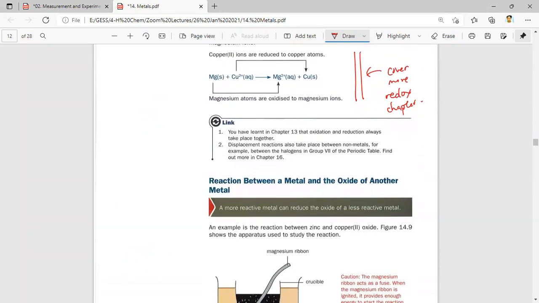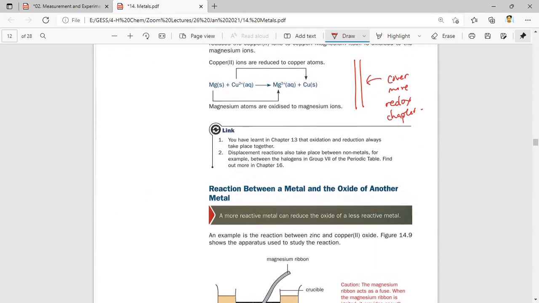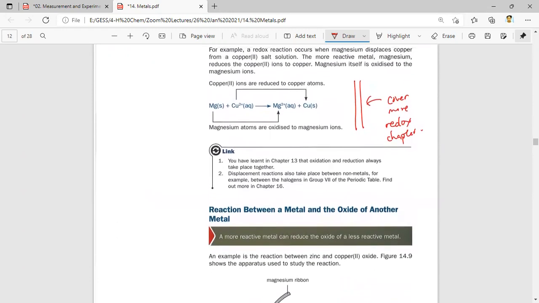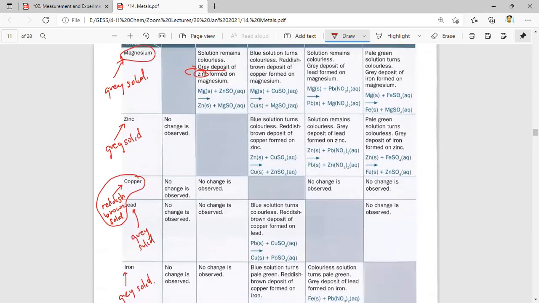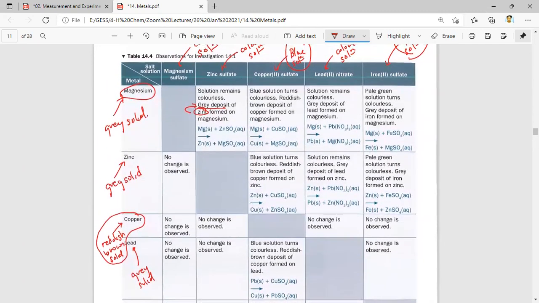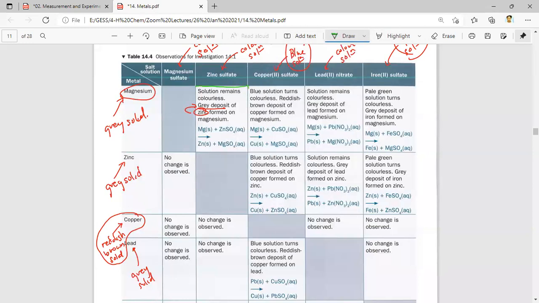Now, the question is, after I've learned about the displacement reaction, how is it normally used in exams and test questions? So the key idea here, let's go back to this table and use this box as an example.